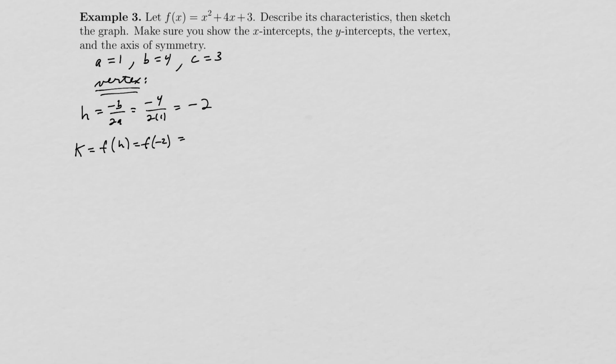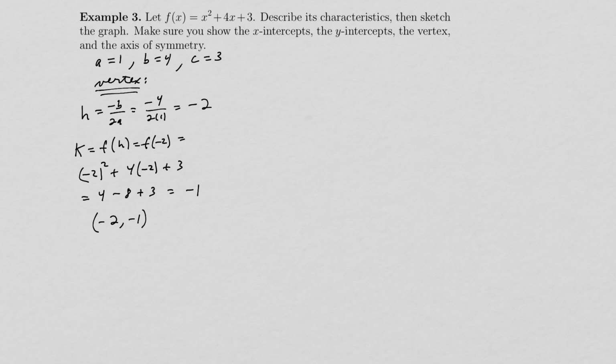That'll be negative 2 squared plus 4 times negative 2 plus 3. So that'll be positive 4 minus 8 plus 3. That's negative 4 plus 3, which is negative 1. So my vertex has the coordinates negative 2, comma, negative 1. So we know 1 point definitely on this parabola.